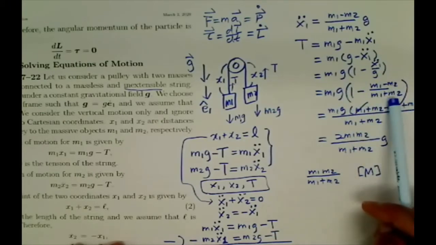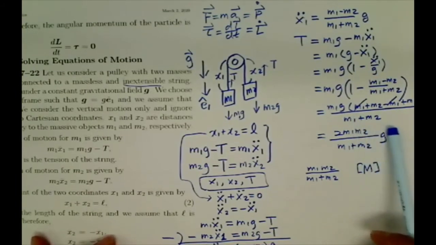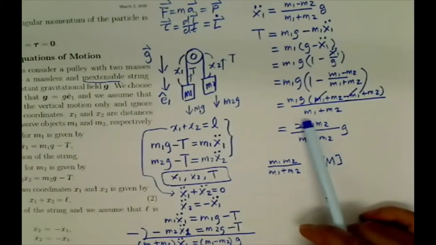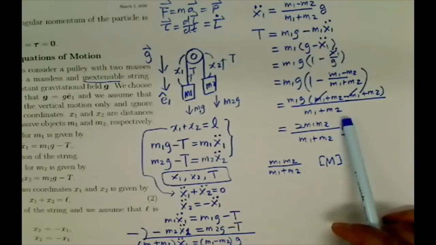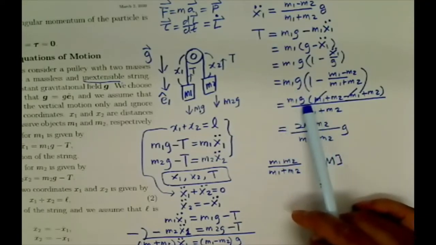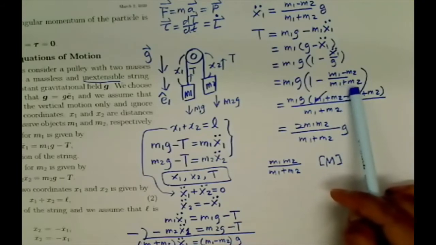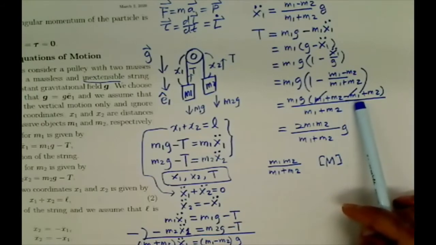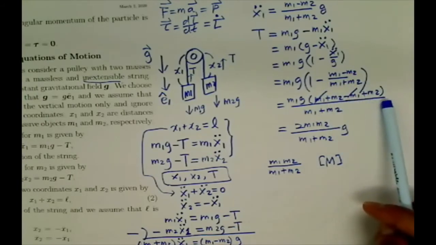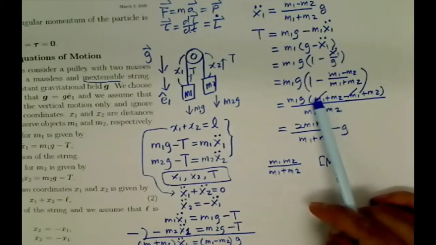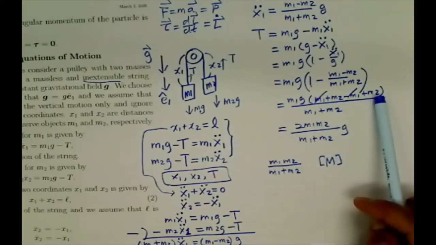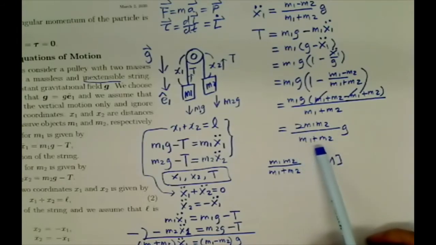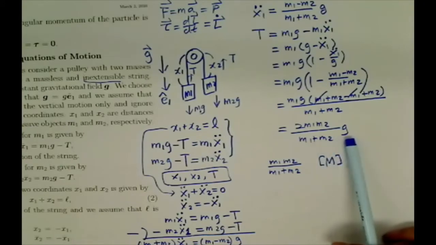We can combine these two together to have a single factor. The common denominator is m1 plus m2, and m1g is factored out. This is multiplied by 1, (m1 plus m2) minus (m1 minus m2). Here m1 cancels and m2 is doubled. To find that, we have 2 m1 m2 divided by (m1 plus m2) times g.